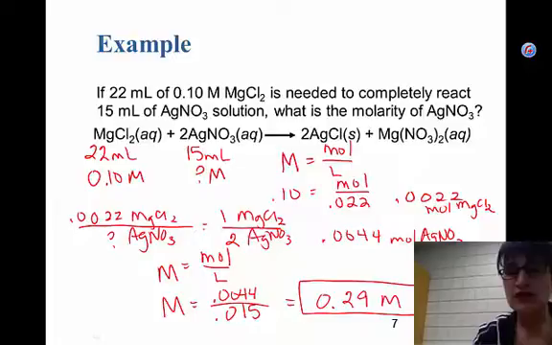So once again, we had 3 steps. This time I did the molarity equation, then a mole ratio, and then the molarity equation. But the first step is to always find moles however you can. Next step is do a mole ratio, and then third step is find whatever is needed.